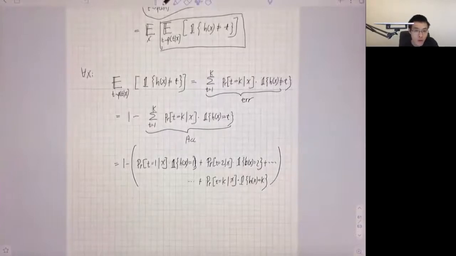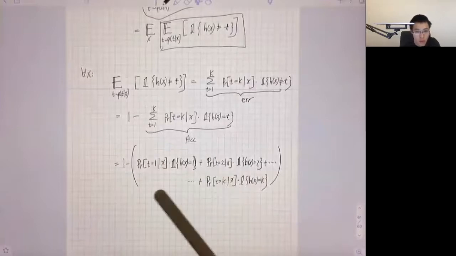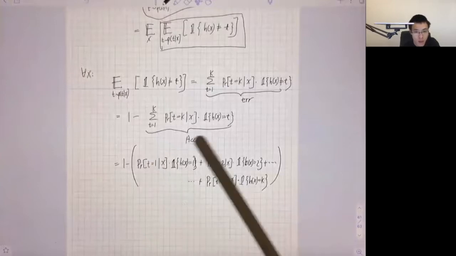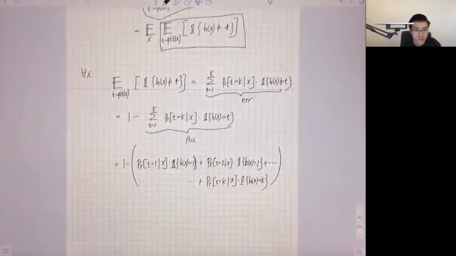You only have one h of x. Then obviously you want to minimize the error and maximize your accuracy. Then you want to pick the target that has the highest probability, right? Because you only have one vote, you either vote this or that. And you want to maximize this term, then obviously I just pick the most probable one. Then if you maximize the accuracy, you will minimize the error.